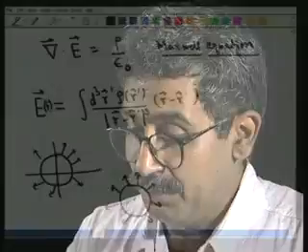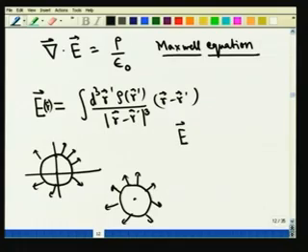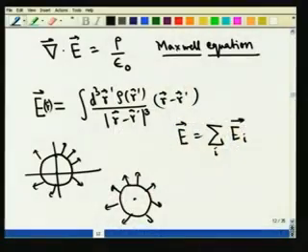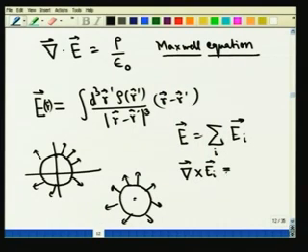Consider each of them. Make use of the principle of superposition. E is equal to summation E_i, where i is the summation over each of these sources. Consider the ith source. Coming from the ith source, if I were to locate it at the origin for the sake of convenience, you can easily see that curl of E_i is identically equal to 0.